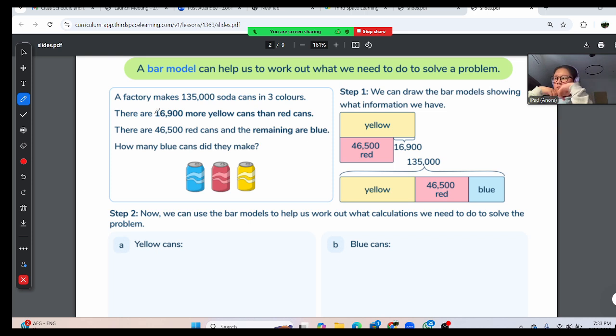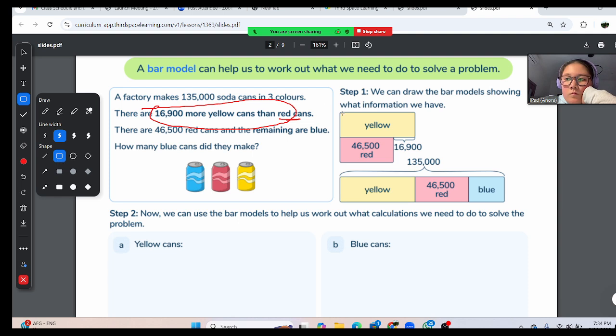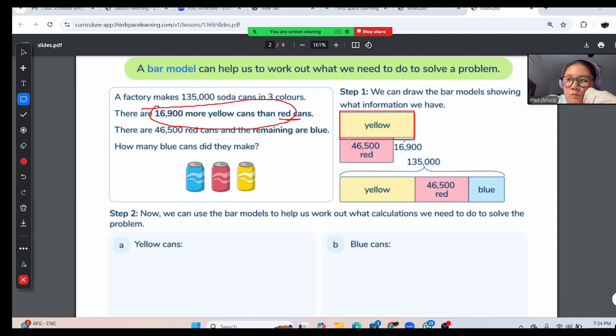Like it is given that there are 16,900 more yellow than red. So this is showing the yellow cans, and this many are red cans. This is given, right?